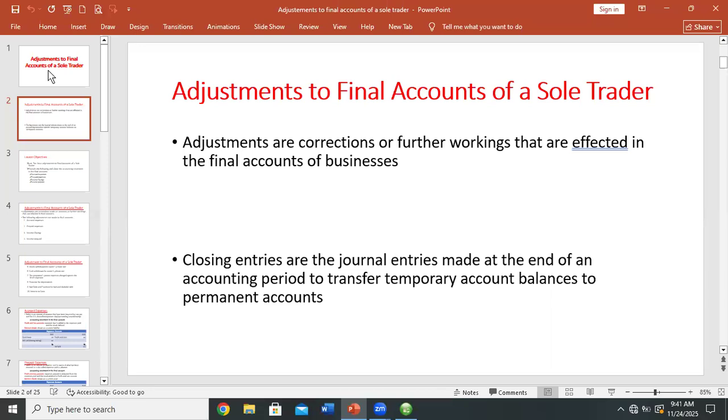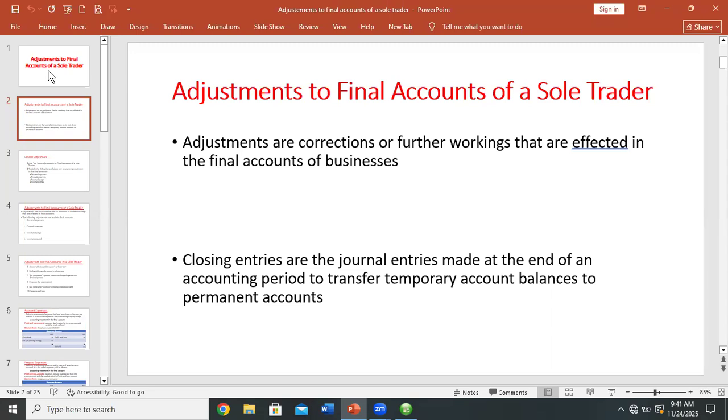When you look at the income like sales, discount received, all those accounts, at the end of the year, you move them to the trading and profit and loss account. How can you move account balances from a temporary account into a permanent account? You do that by passing a closing entry.